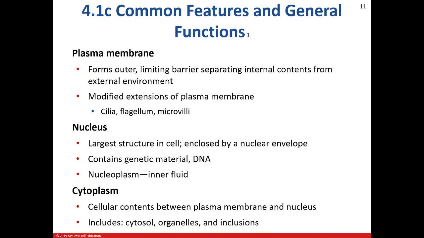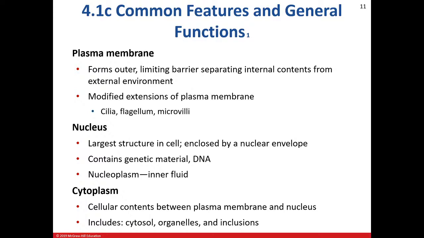So the plasma membrane forms the outer barrier, the outer limit of the cell. It separates inside from outside. Okay, and there are modified extensions of the plasma membrane, such as cilia, which are those little hair-like attachments we saw a couple slides ago. There's a flagellum, which is that long tail on the sperm cell.